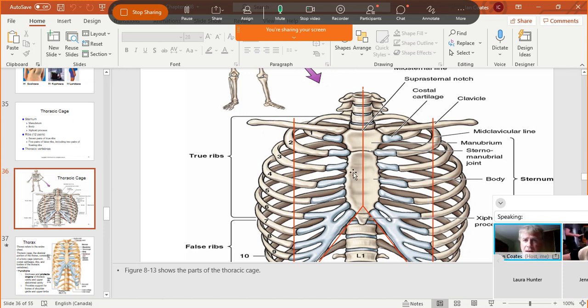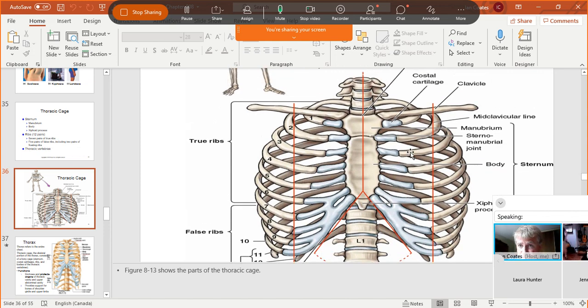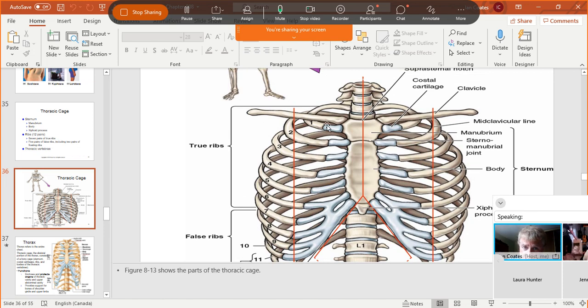Okay? You have a look here. Your true ribs, and you see they come around. You see these blue pieces right here? This is cartilage. All right? And so when we go into the ground, the bones remain, but the cartilage goes.